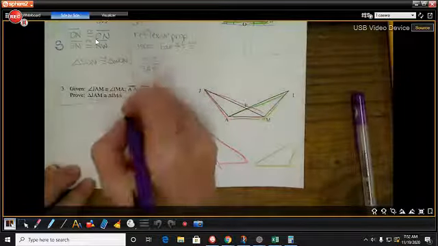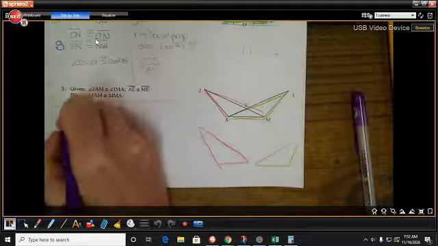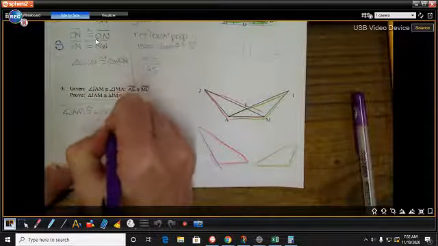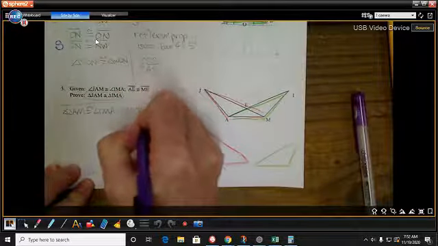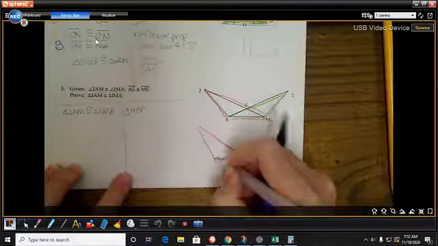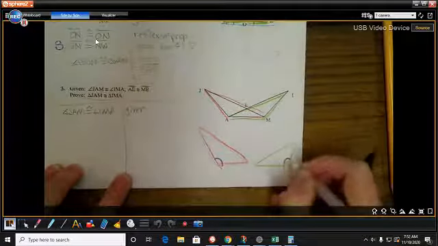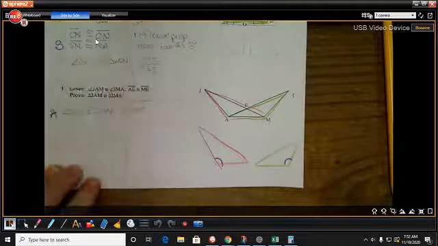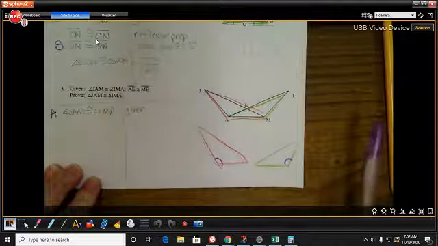Let's see what pieces I am given. I can say that angle JAM is congruent to angle IMA because it was given. And so I'm going to mark that. I'm going to say JAM, so that's this obtuse looking angle here, is congruent to this obtuse looking angle here. So I already have an angle in each triangle being congruent.